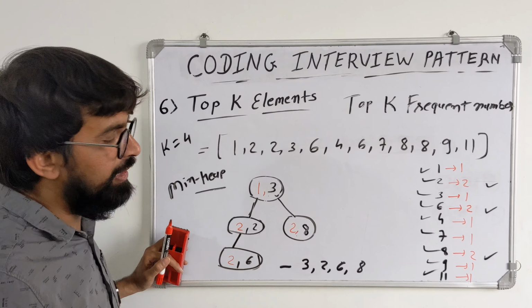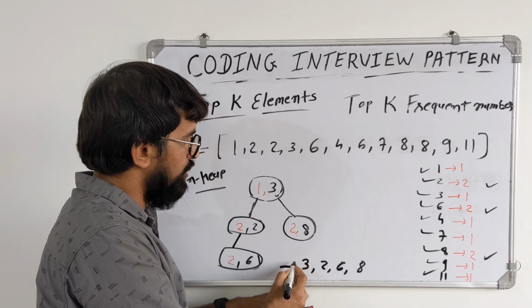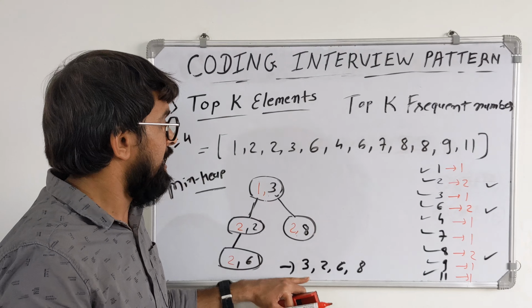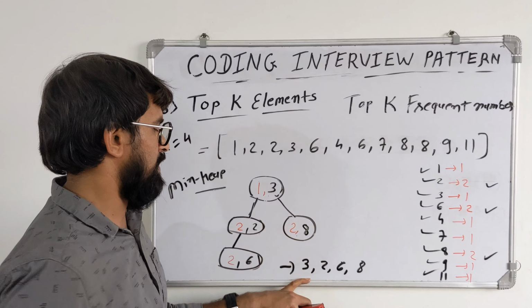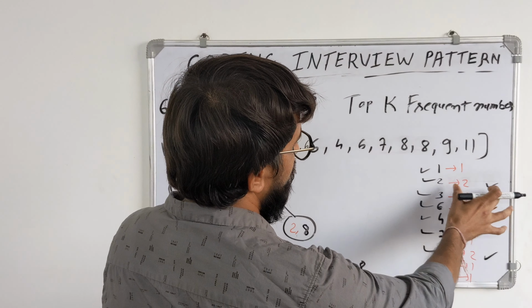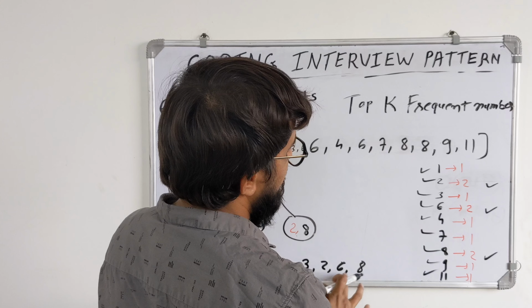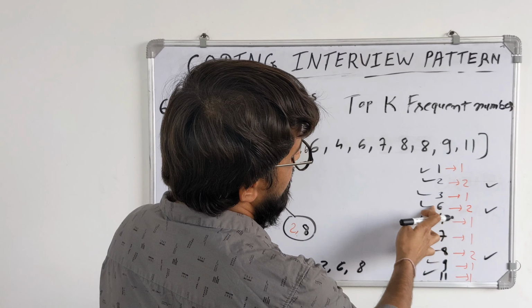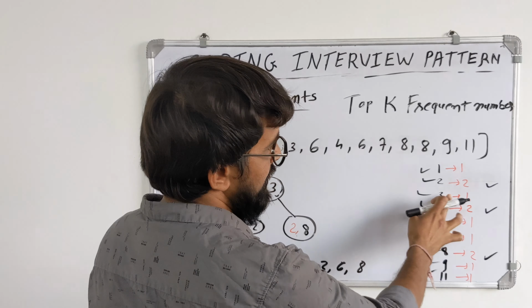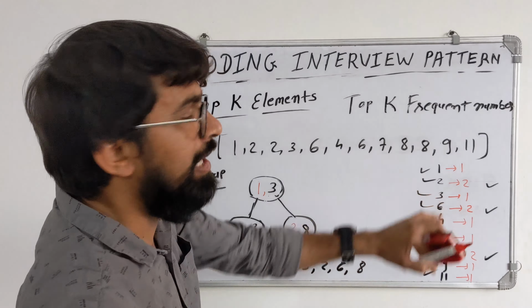If it is asked to return in some sequence, you can take these values and sort according to the requirement. Let's say it asks to return in sorted order, you can take these values. Now what was your expectation? 2 was there, 6 was there, 8 was there. So 2, 6 and 8. 2, 6, 8 is there, and 3, as I said, 1 can be any with this, maybe the first value, it can be any number.